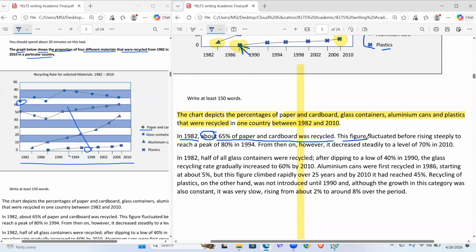This figure fluctuated in the beginning: up, down, again up, fluctuated before rising steeply. Steeply means dramatically. Here is a steep rise, right? So before rising, there was a fluctuating trend. It fluctuated before rising steeply.